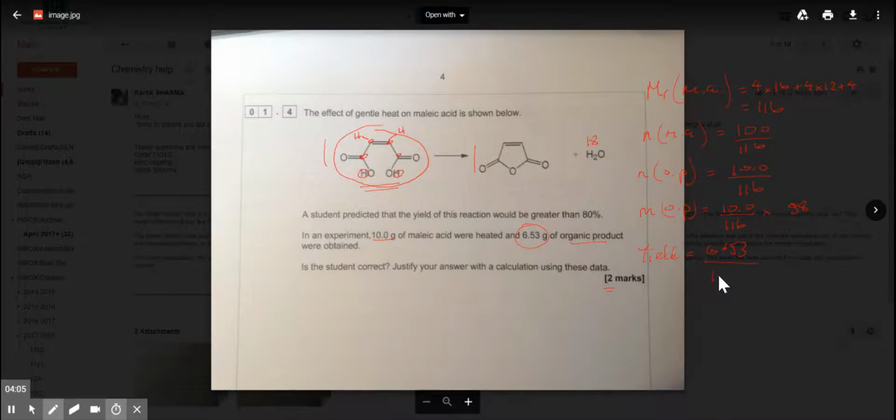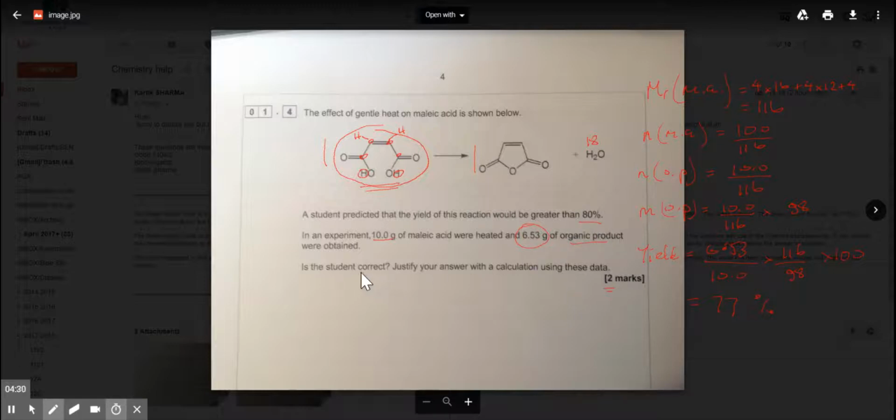So we could divide that by 10, and then do a bit of maths on this. So that was times 116 over 98. And once you times that by 100, that comes out at 77%, which is less than 80%.